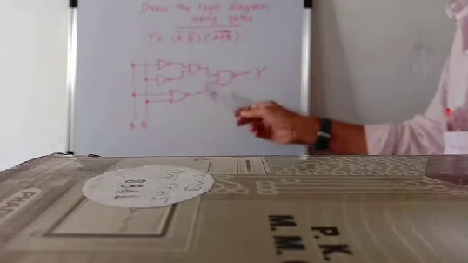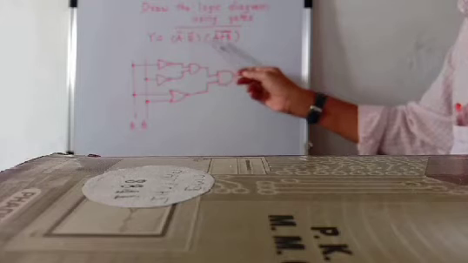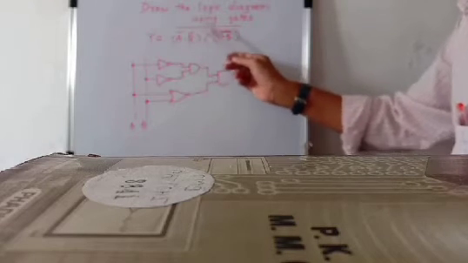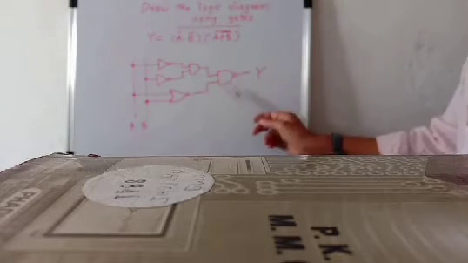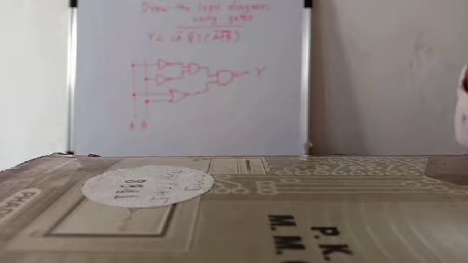Suppose this is A, this is B. So A into B bar. So here we require a NAND gate. Okay.